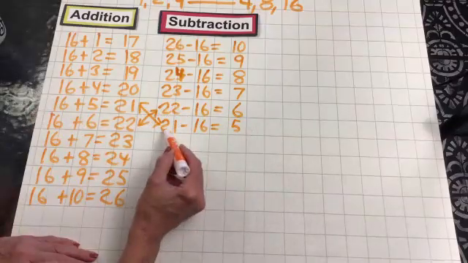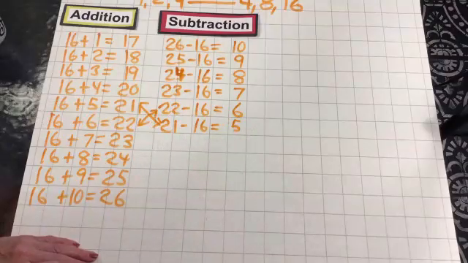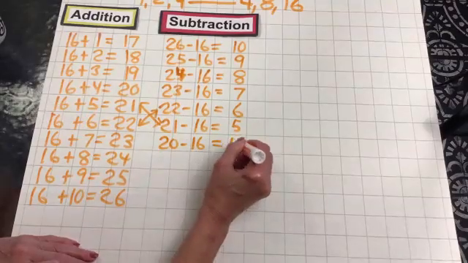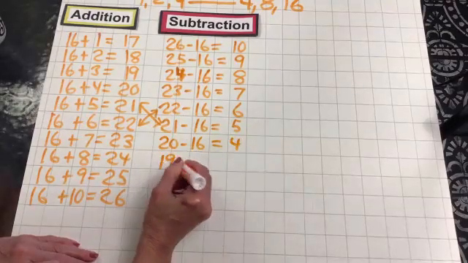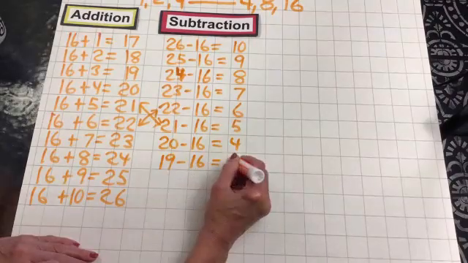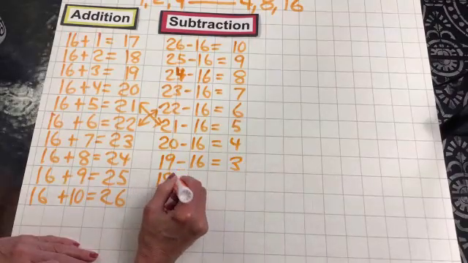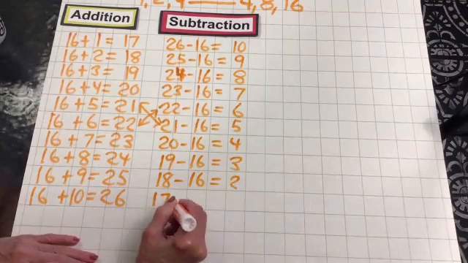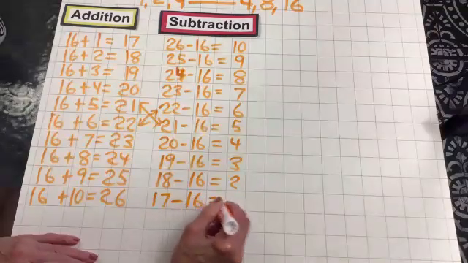So we can flip-flop that. 21 minus 5 equals 16. All right, we got 20 minus 16 equals 4. 19 minus 16 equals 3. 18 minus 16 equals 2. And 17 minus 16 equals 1.